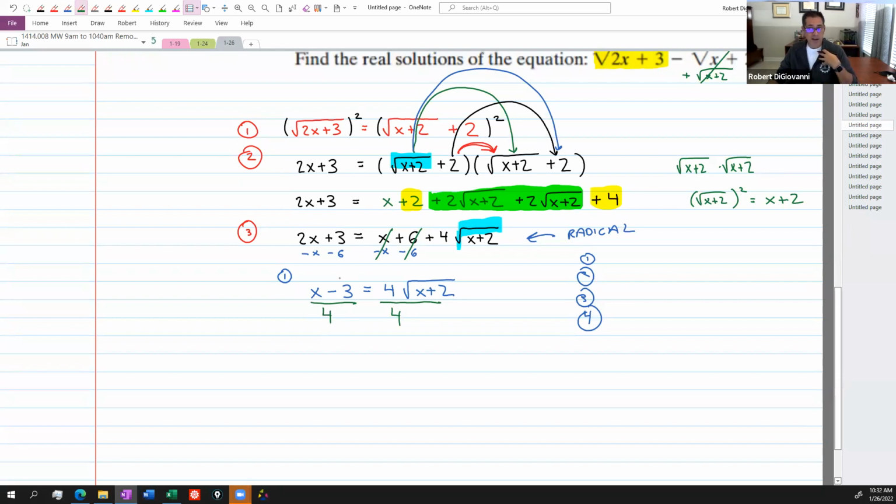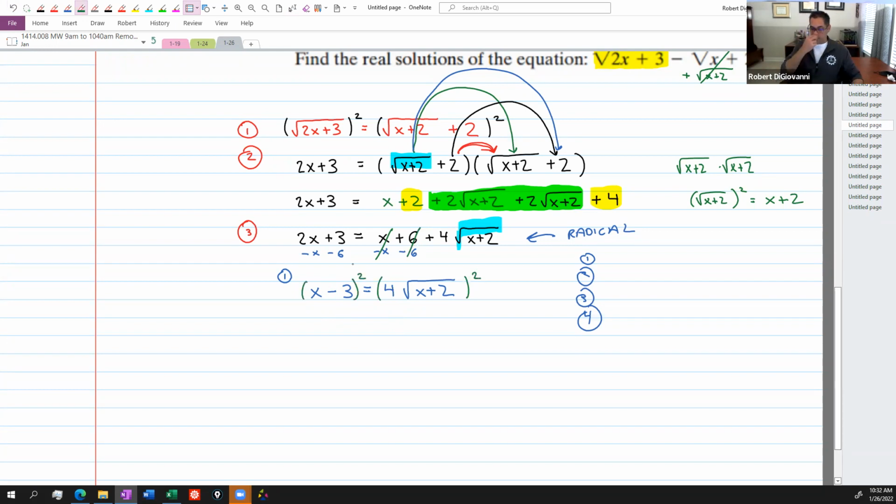I'm allowed to do that. That would be legal. But if I do that, I'm going to create a fraction over here, and I want us to avoid fractions because everyone freaks out when we have fractions. So instead, here's what I'm going to do. I'm going to square both sides now.